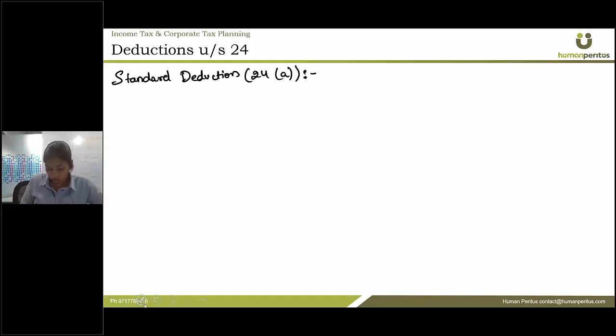First is standard deduction, or we can say section 24 subsection A. Standard deduction says that the person can claim 30% of NAV as deduction if he has paid charges for repairs and collection of rent for the property.